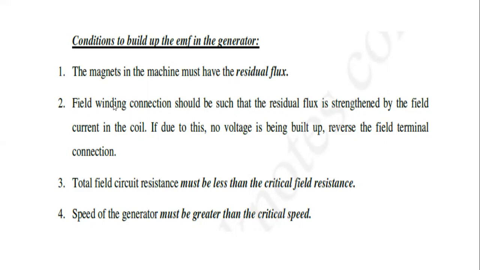Therefore, the field winding connections should be such that the residual flux is strengthened by the field current in the coil. If due to this no voltage is built up, reverse the field terminal connections.